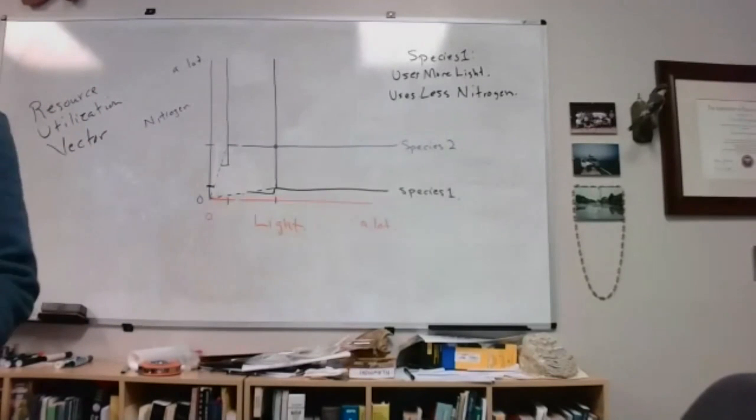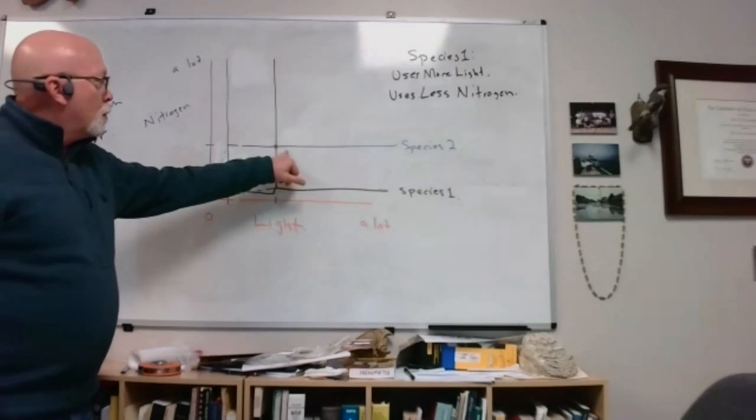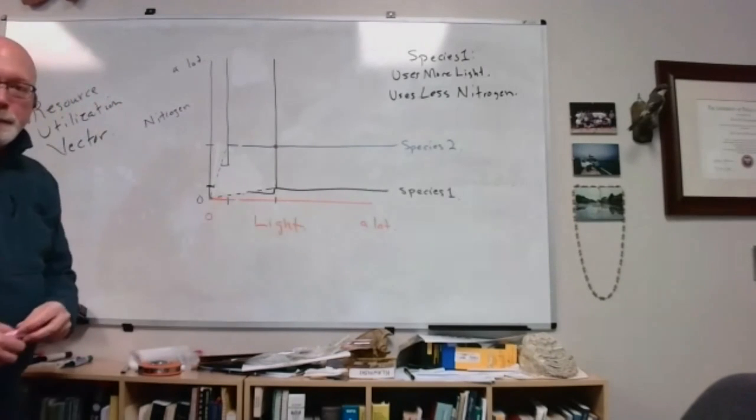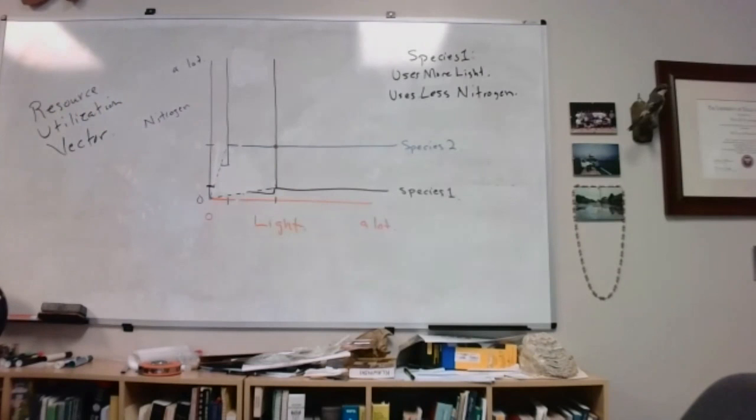And as long as they have that much light and nitrogen, the two species can coexist at that point, because each species is at its limit. Species 2 is at its nitrogen limit, and species 1 is at its light limit. And so, because they're at their limit for opposite resources, they can coexist at that point.